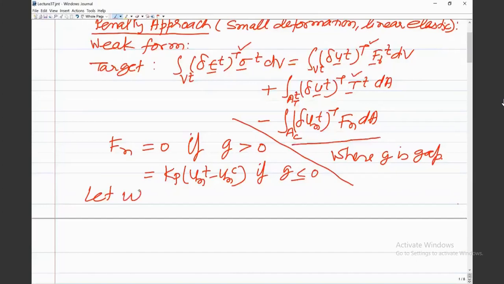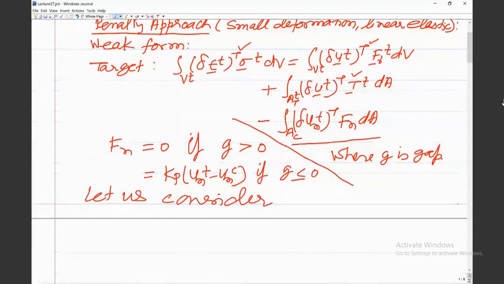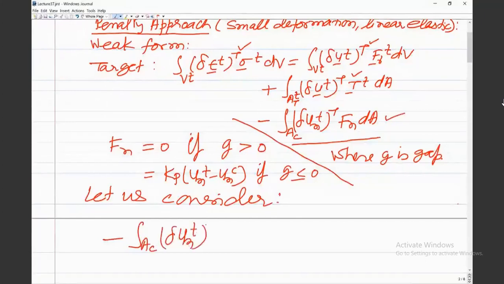So now let us consider this last term, what I have written here in the big form. That is minus integration over the contact area, and then we have delta UNT transpose into Fn. And if Fn is 0, then that term is anyway going to be 0.